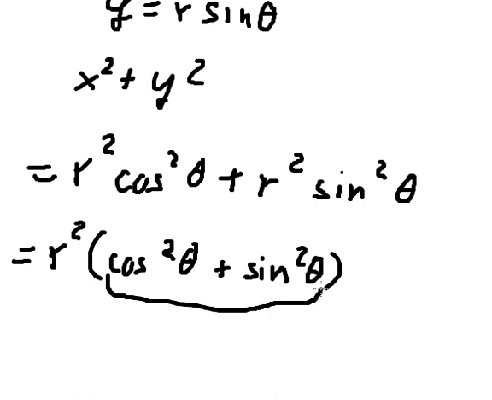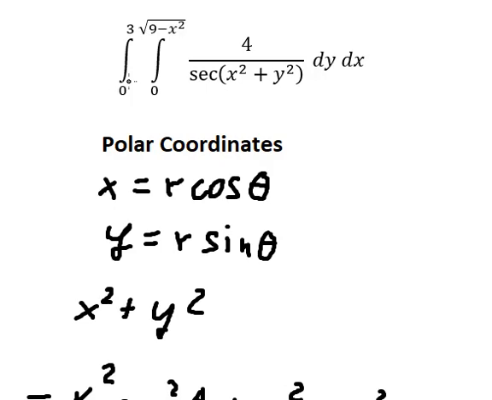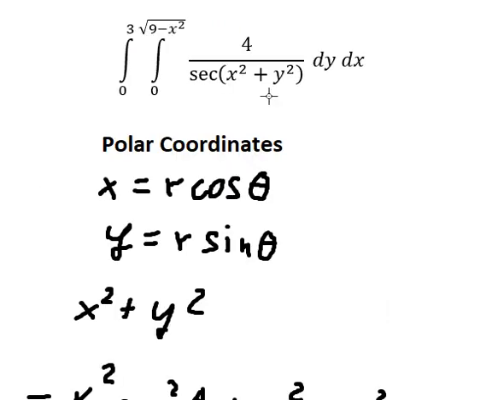This one is number 1. The next one, dx dy equals r dr d theta. Now we need to consider this one. So we can see that for dy, y is between 0 and the square root of 9 minus x squared.